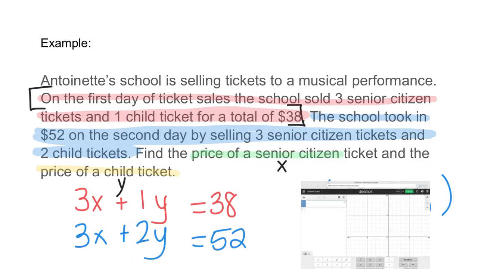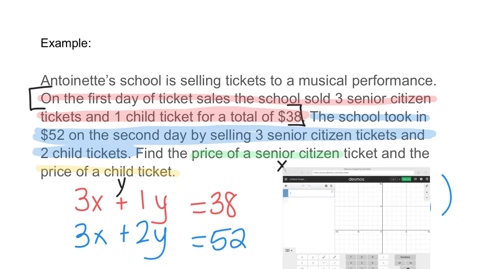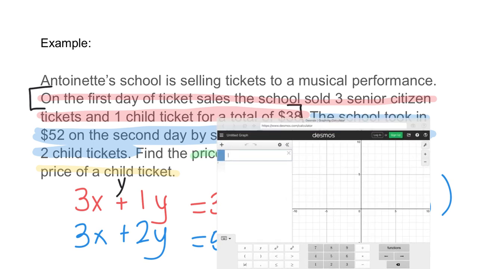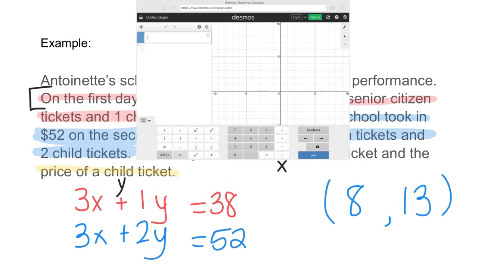3X plus 1Y. Must be 14. Did I say 14? I said 13, but I think it's 8, 14 actually. Let's check it and make sure. So 3. Hello, Desmos.